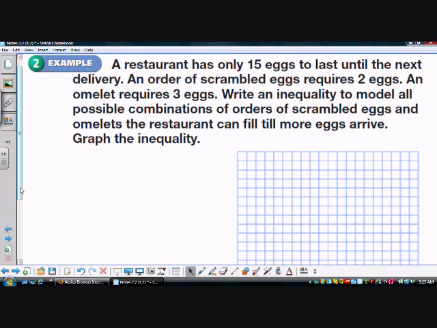Yes, ma'am? So you're getting 2x plus 3y less than or equal to 15. Going in the right direction. Yeah. So why did you choose 2x plus 3y?